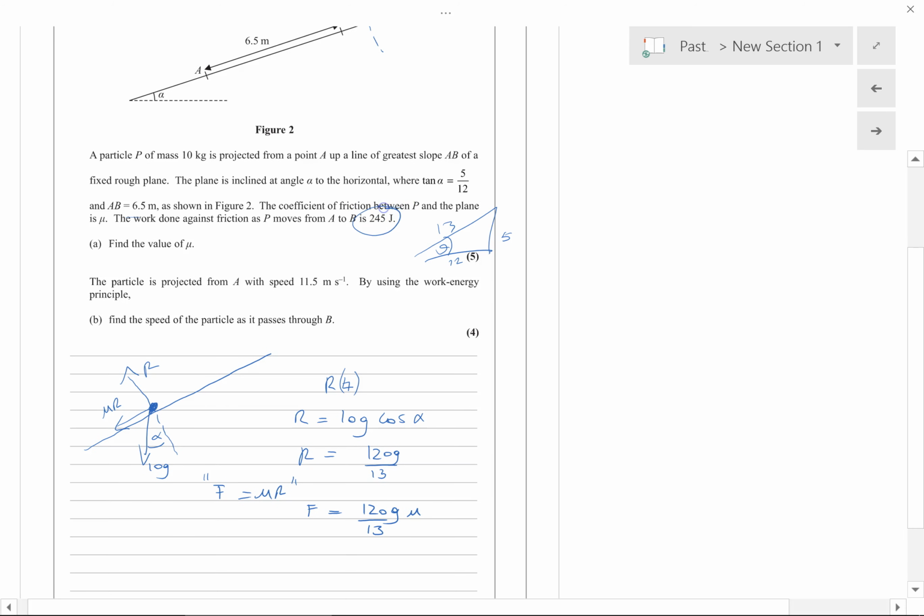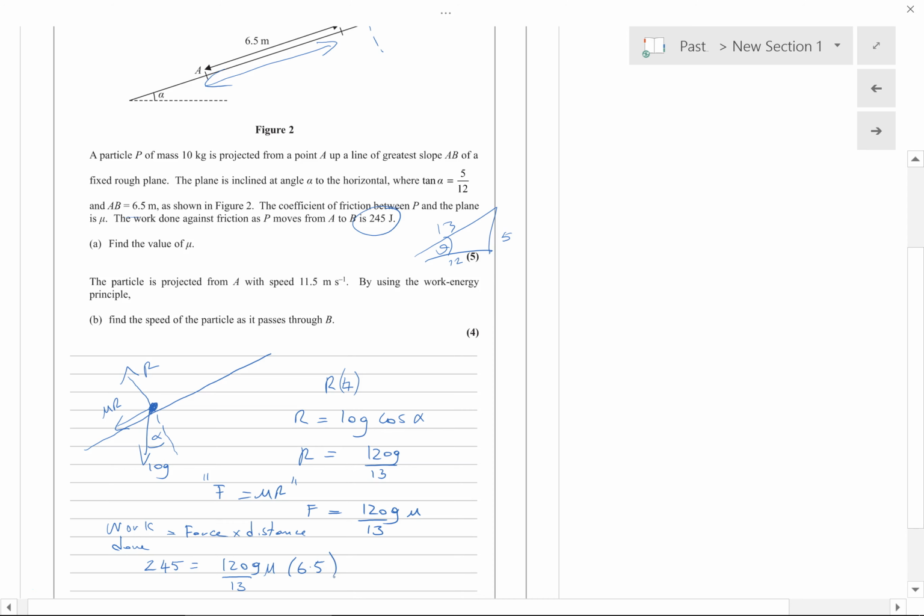Now we know the work done against friction is 245, and the distance is 6.5 metres. So we can therefore say, because work is equal to force times distance, we've got 245 is equal to the force, which is 120g/13 mu, times the distance, which is 6.5.